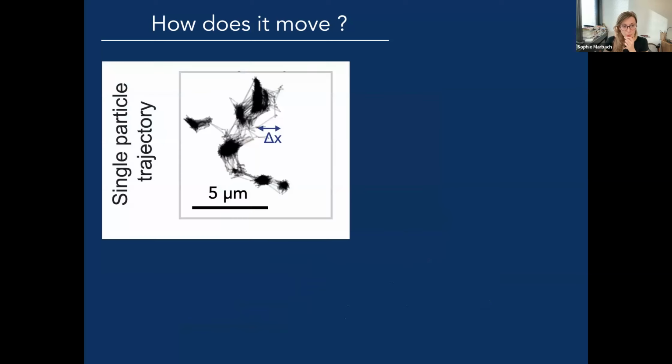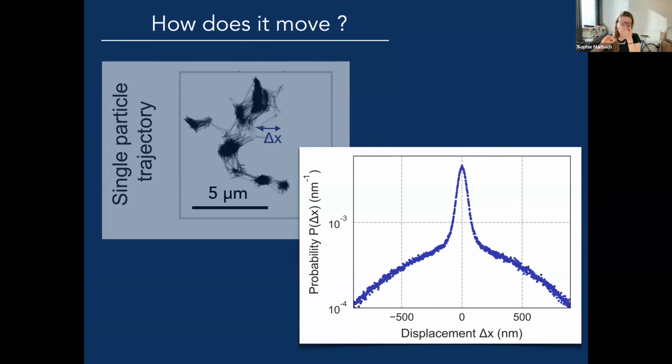So looking a bit more at the experimental data, when we look closely at the trajectories of our particles, some trajectories look a little bit like this. So here you can definitely see there are these patches and also these steps in between the patches. And in fact, we can go a little bit further and look at all the possible step sizes that the particle can do.